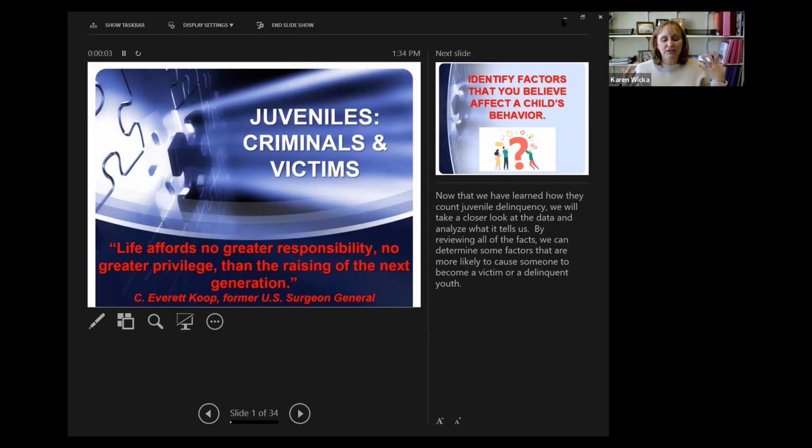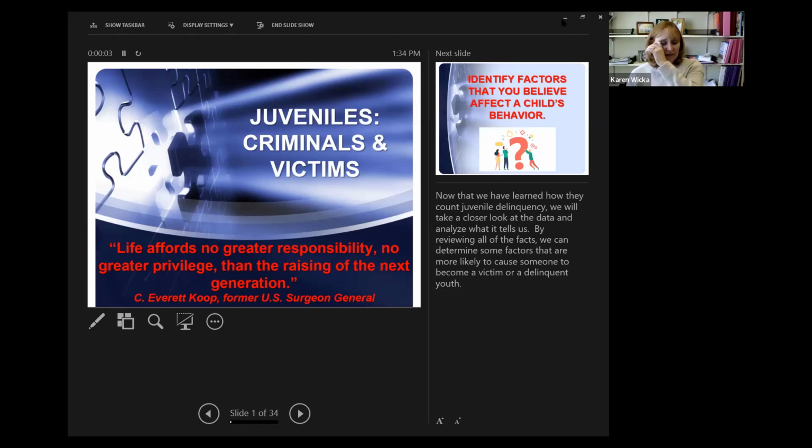So now I want to look at some factors that we would consider protective factors. So these are factors that would reduce the likelihood of a juvenile becoming delinquent. Okay. Now, it doesn't necessarily mean you are protected from becoming a juvenile delinquent. You could have all of these protective factors, and a person could, of their own free will, still choose to commit a delinquent act. So it's not necessarily causation.